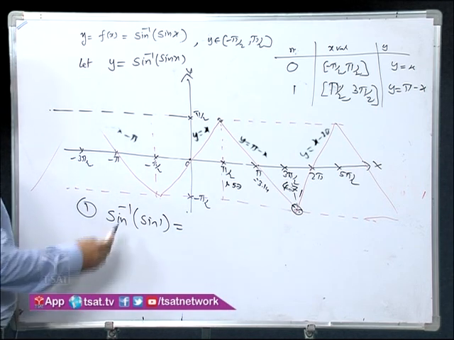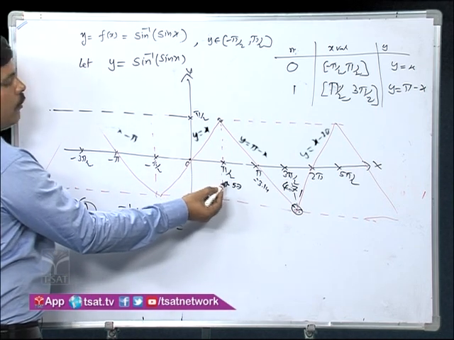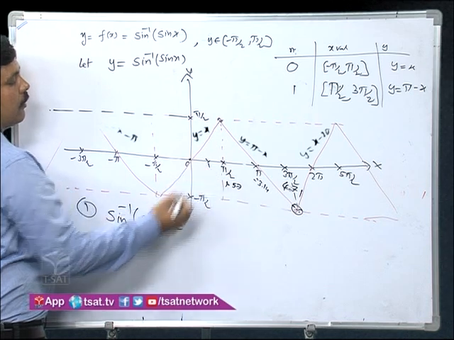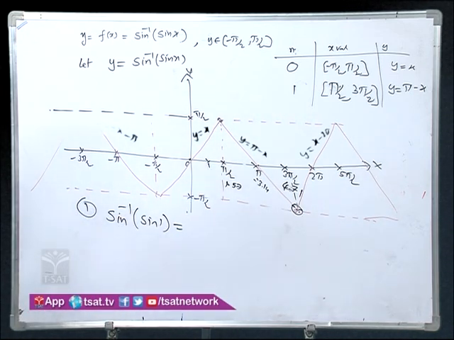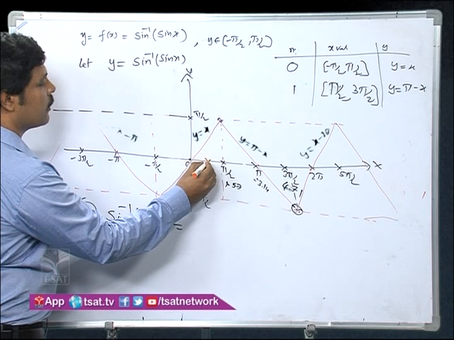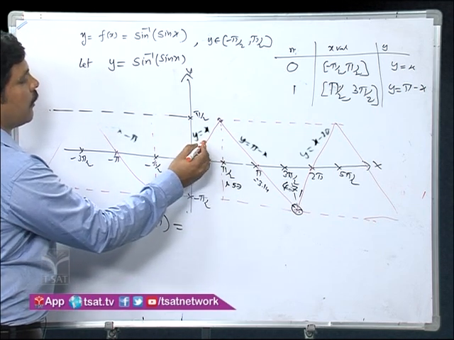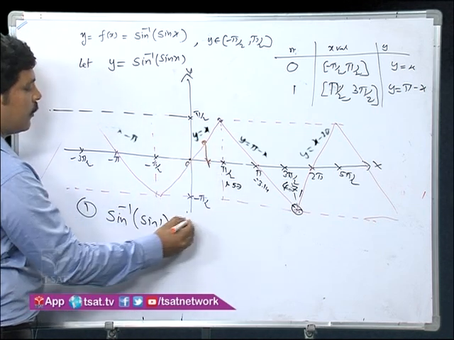Here 1 is below 1.57, that means 1 falls on this graph, where y is equal to x, therefore the value is 1.